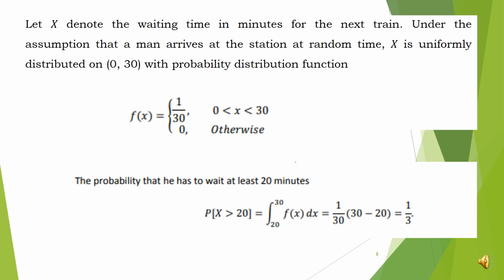Let x represent the waiting time. Since x follows a uniform distribution over the interval 0 to 30, we calculate the probability that x is greater than or equal to 20. This is done by finding the ratio of the favorable interval to the total interval length. So the probability that he has to wait at least 20 minutes is 1 by 3.